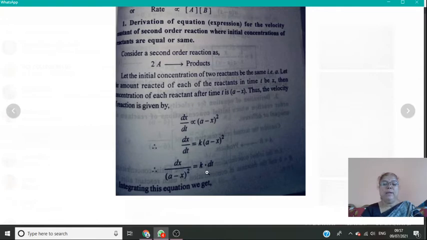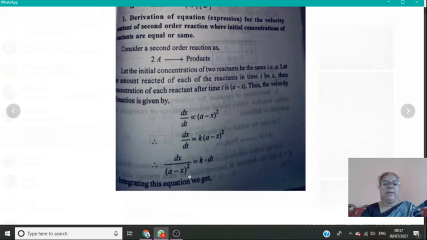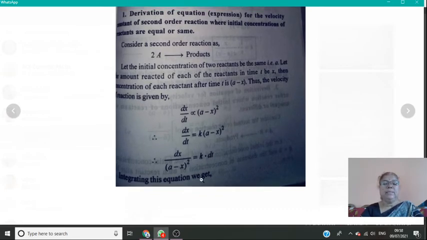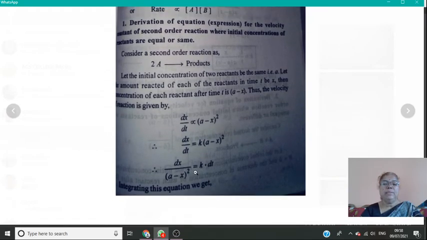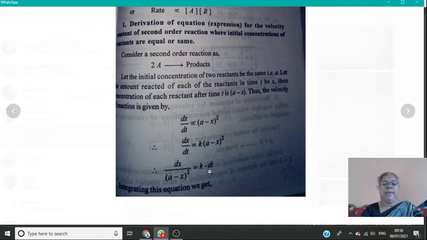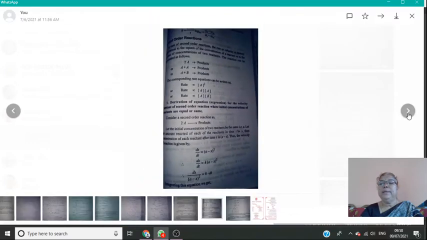To find the value of k, we have to integrate this equation within proper limits. Integrating, the integration of dx upon (a minus x) whole squared is equal to the integration of k into dt. So we can integrate this equation.